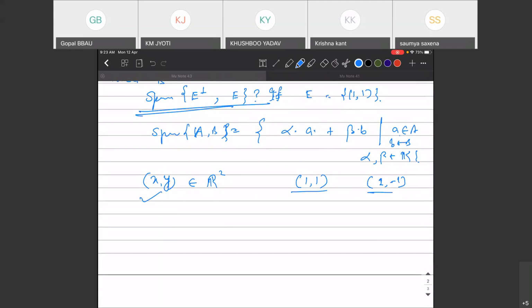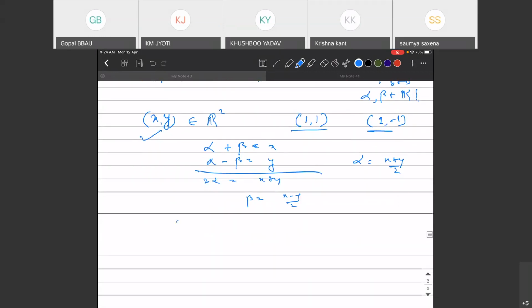Can anyone tell how we can write this? So alpha plus beta equal to x, and alpha minus beta equal to y. You can find alpha and beta from here. So 2 alpha equal to x plus y, so alpha is (x plus y) by 2, and similarly beta is (x minus y) by 2.